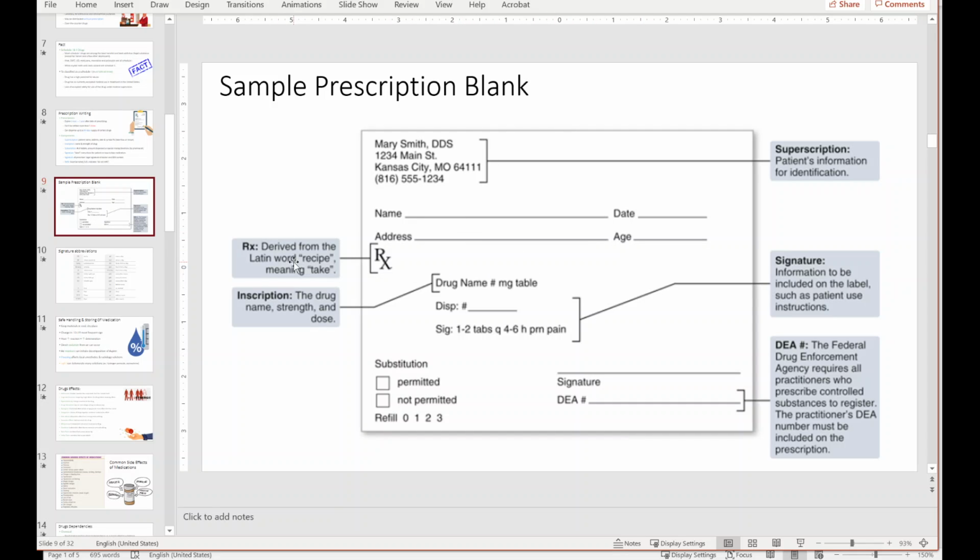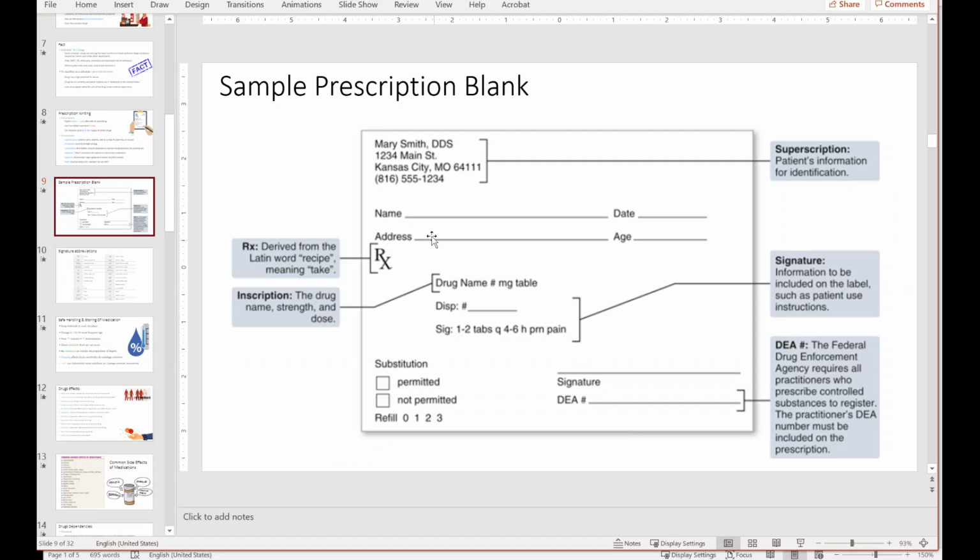Just a refresher, this is how a prescription blank looks like. We have the superscription, where we have the patient information, which is here. Technically, that's the doctor information. The patient information here. And then we have the Rx, which means recipe, and then we have the inscription.